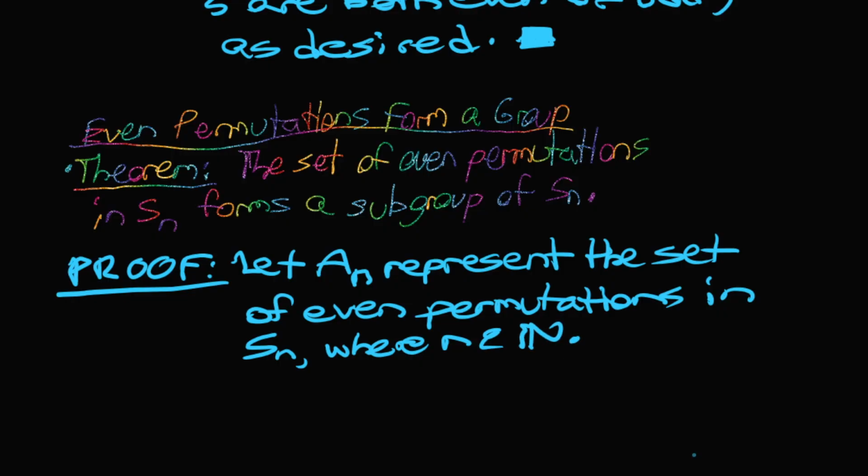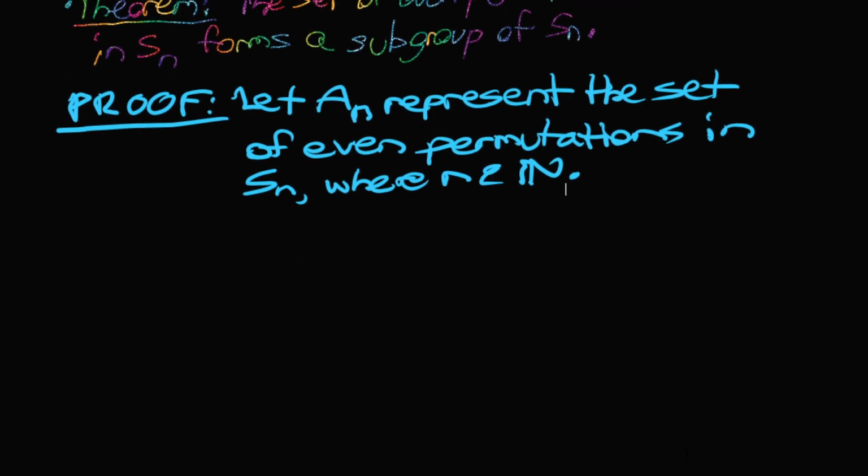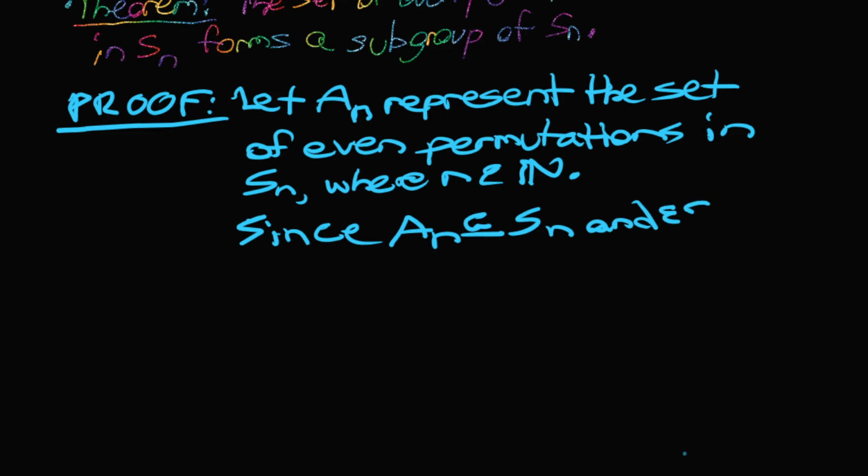Since A of n is a subset of S of n, and epsilon is an element of Sn.